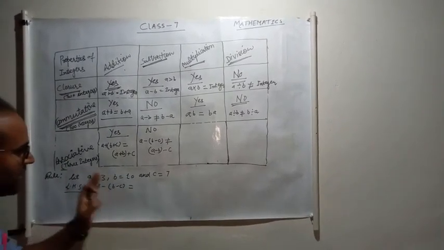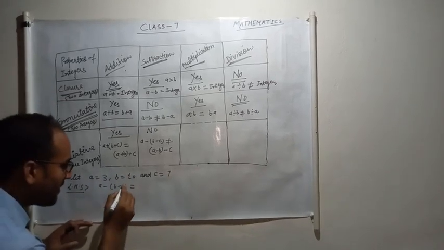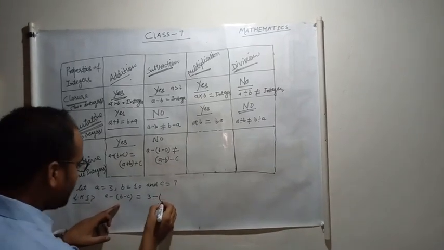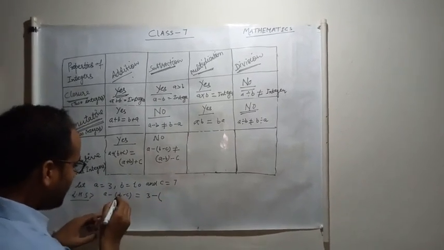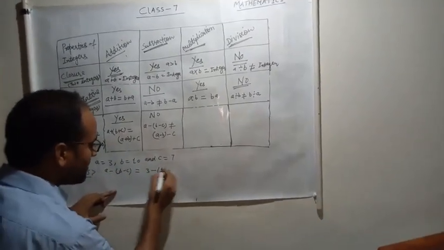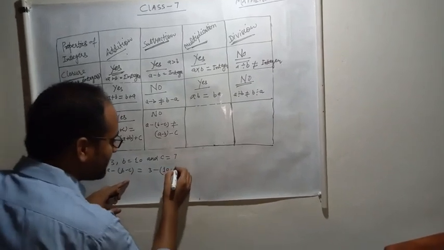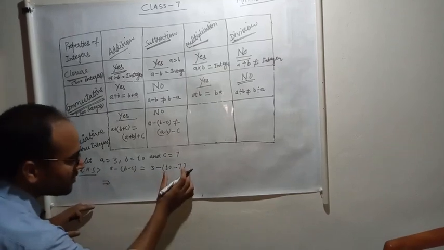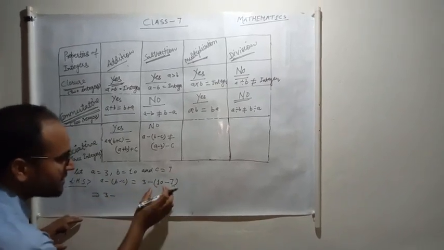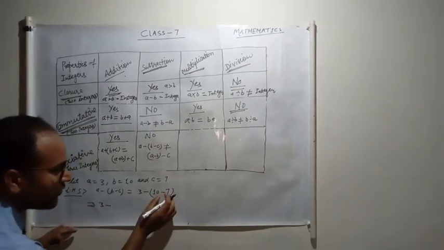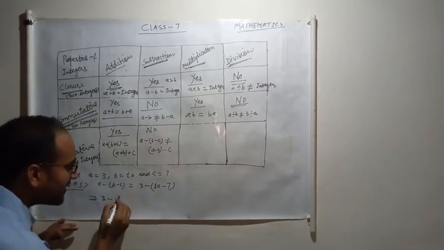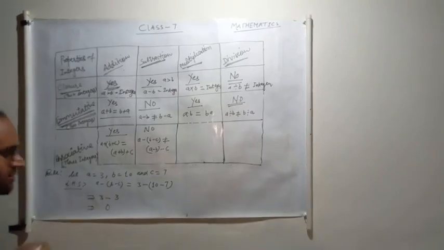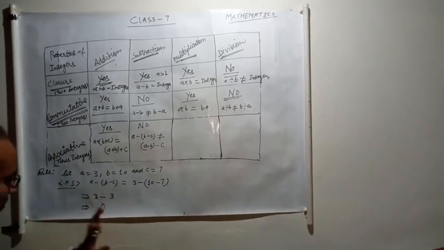We put the values of a, b, c in this one: 3 minus (10 minus 7). First we solve the bracket: 10 minus 7 you get 3. So 3 minus 3, you will get 0. Left hand side is 0.